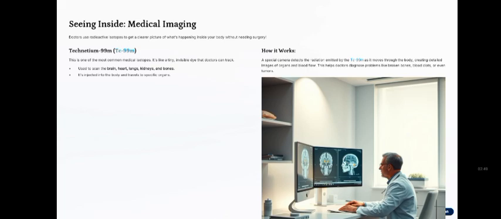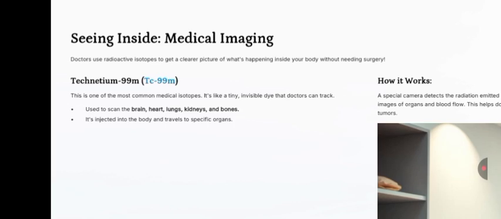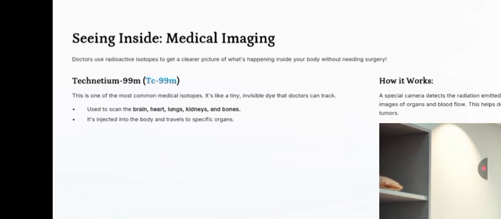Dear students, it's time to discuss the applications of radioactive isotopes in the medical field, meaning the uses of radioactive isotopes in medicine. There are numerous radioactive isotopes used in the medical field, but we will discuss those mentioned in our textbook.